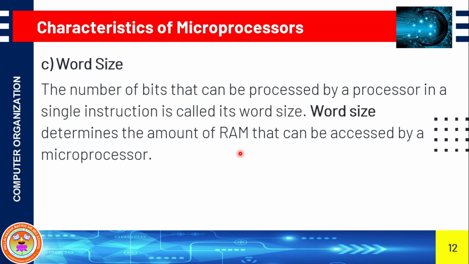Using the microprocessor, how much space is used from the RAM and how much data is processed in a single instruction, that is word size. So these are the three important things performed by the microprocessor. Please remember that.